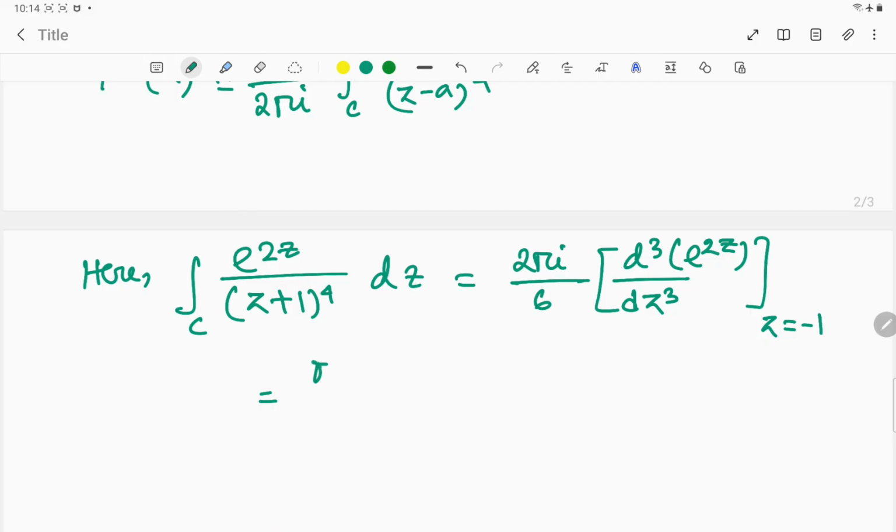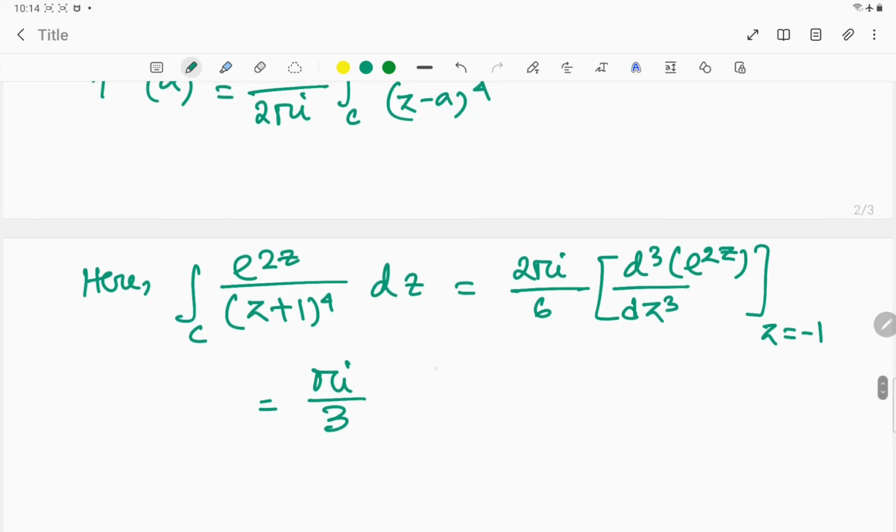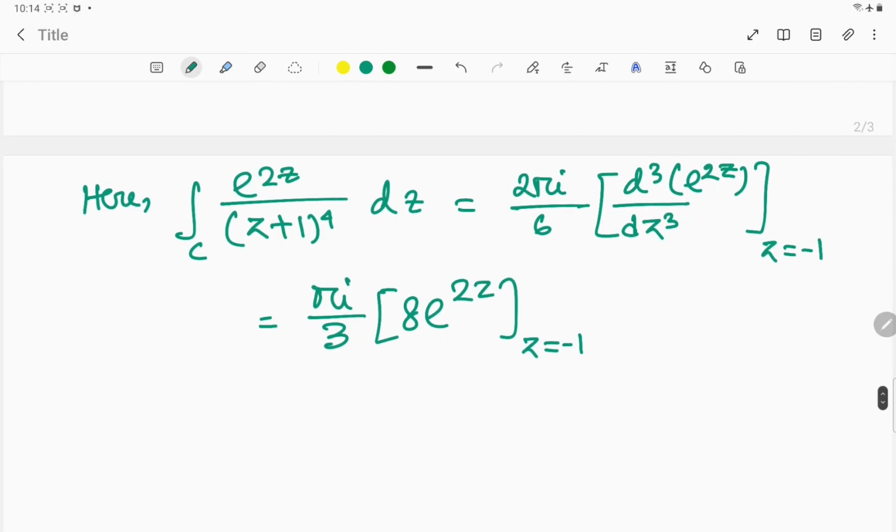So we can write pi i by 3 here, and after doing the differentiation three times, clearly we get 8 e to the power 2z at z equal to minus 1. So finally, after putting the values, we can write 8 pi i by 3, and this is e to the power minus 2. So this is the value of this integration.